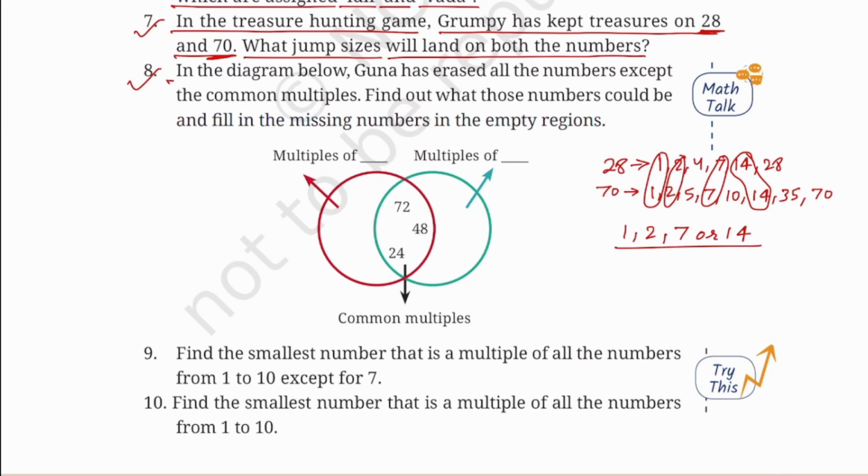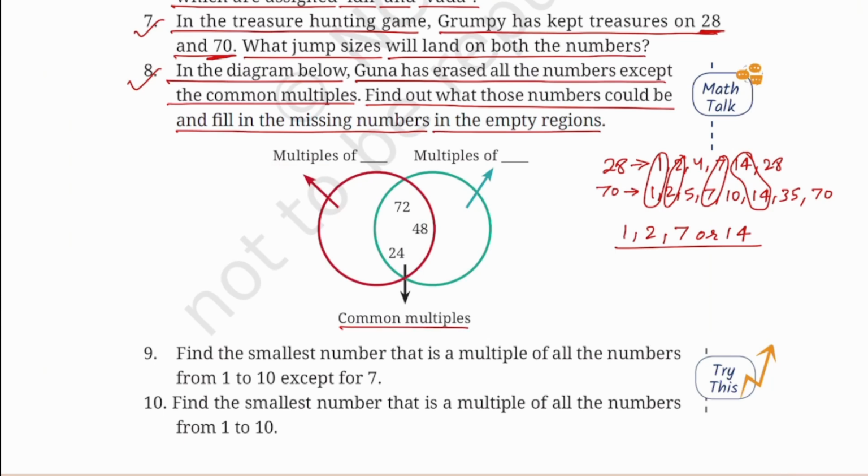8. In the diagram below, Guna has erased all the numbers except the common multiples. Find out what those numbers could be and fill in the missing numbers in the empty regions. You can see it is written common multiples 24, 48, 72 in the middle.